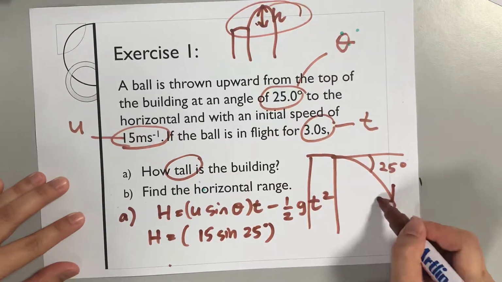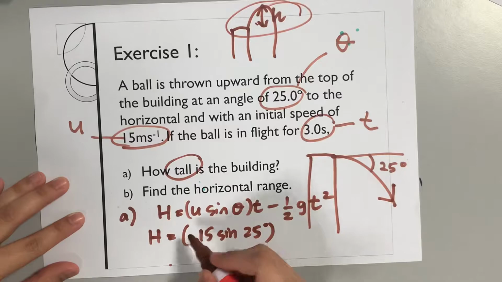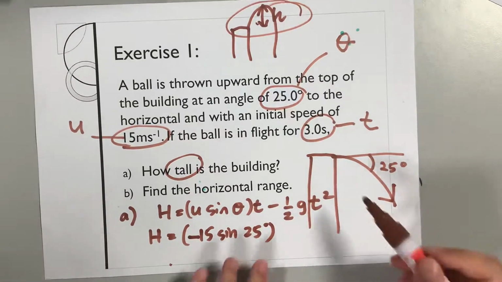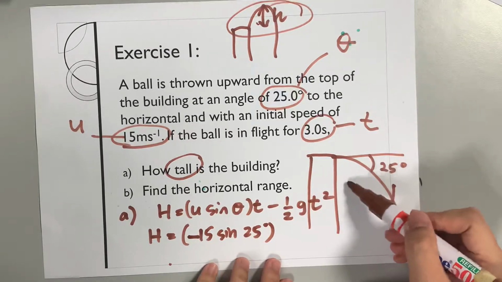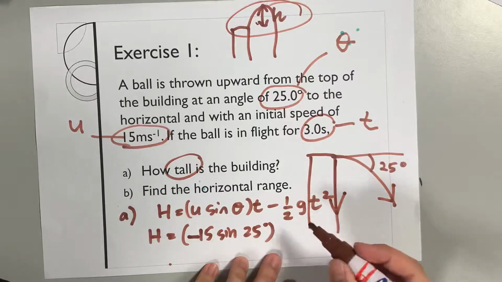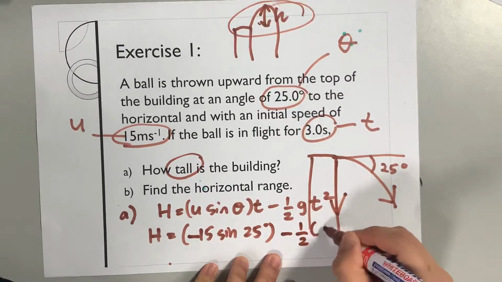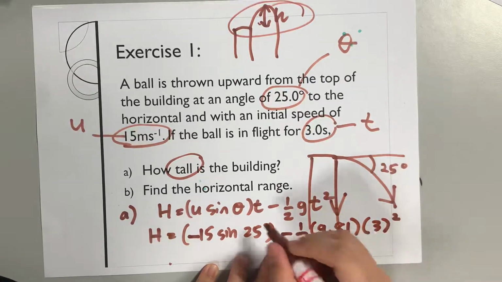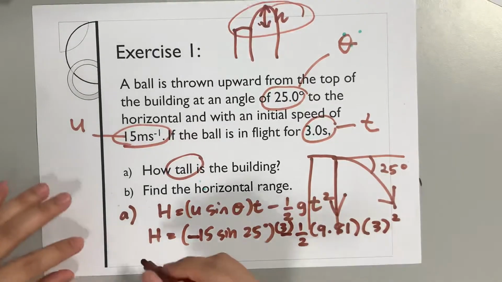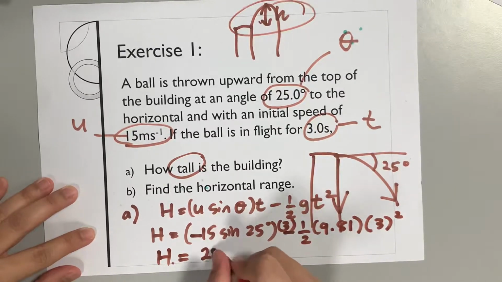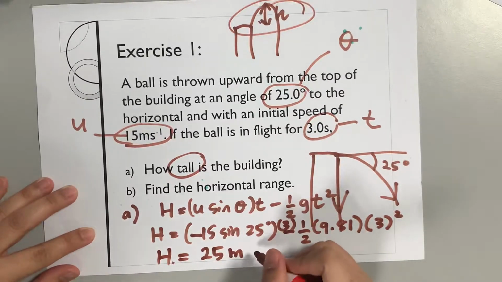Because it's going downward, theta will be negative. You use sine because here we don't have the angle. So negative 15 sine 25 times t, minus half 9.81 t squared. Oh, this one I forgot t. After you calculate, you will get h is equal to 25 meters.